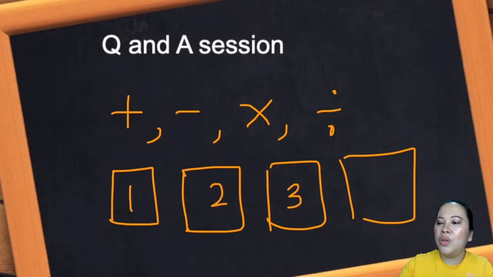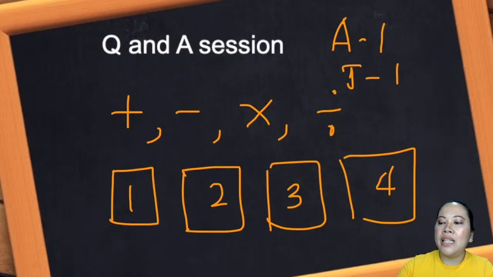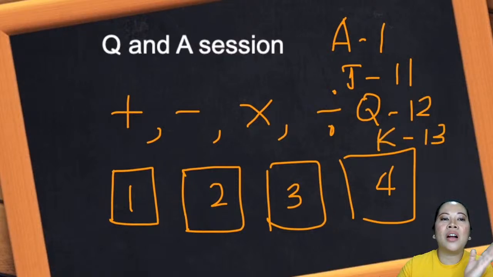Just to note to everyone, ace for the card is 1, jack is 11, queen is 12, and king is 13. Those are the equivalent numbers. Again, you can only use each card once.